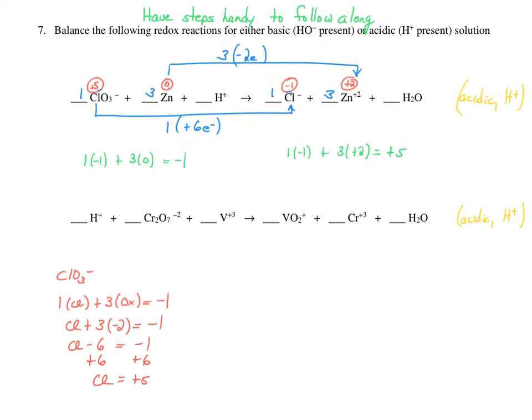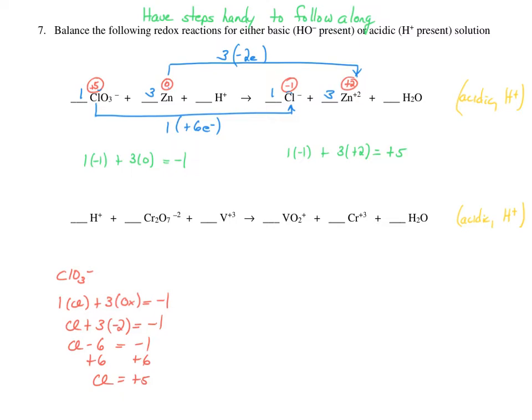So we have 1 chlorate and 3 zincs. On the reactant side, we have a net charge of -1. On the product side, 1 chloride, 3 zinc 2 plus, so we have a net charge of +5. We need to balance the charge. What we have to balance charges is H plus ion.